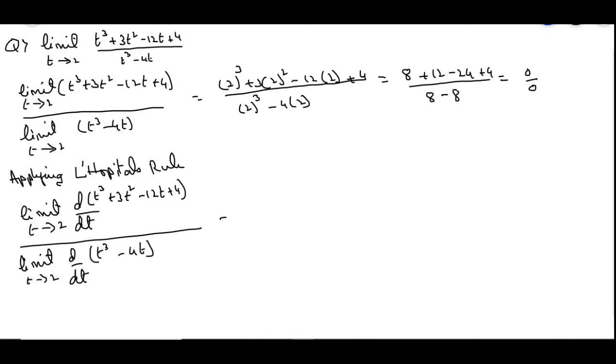Now on differentiating we get limit t approaches 2, we have 3t square plus 6t minus 12. This is the result after differentiation.